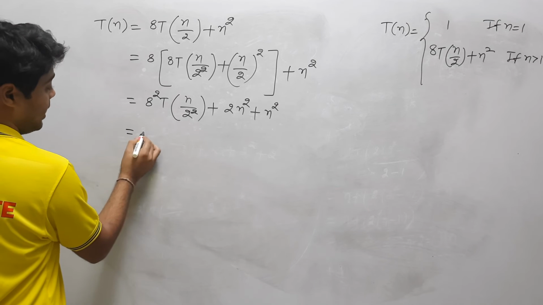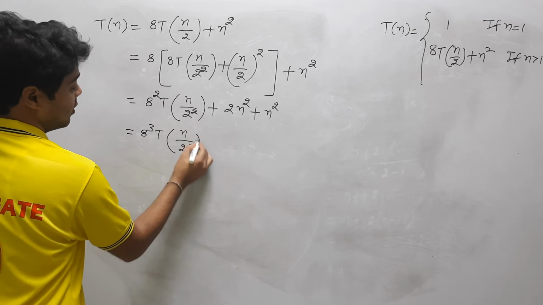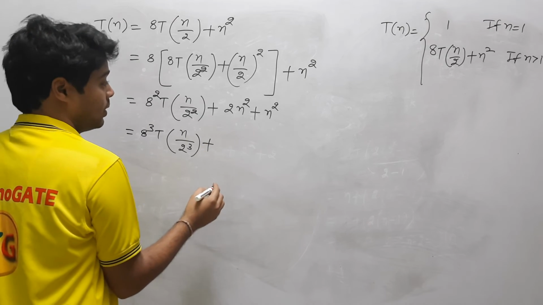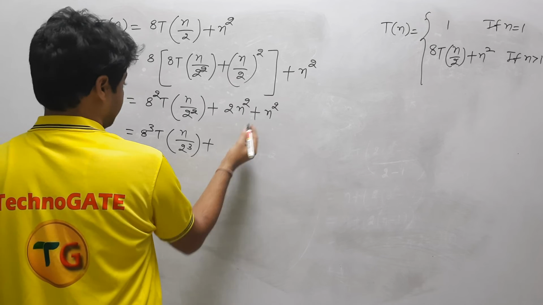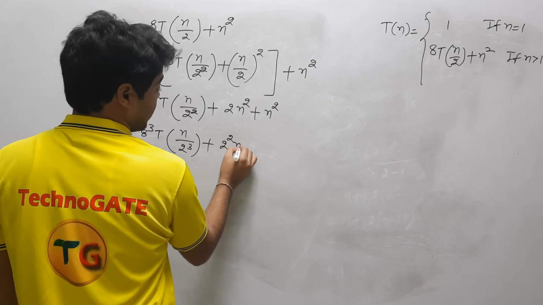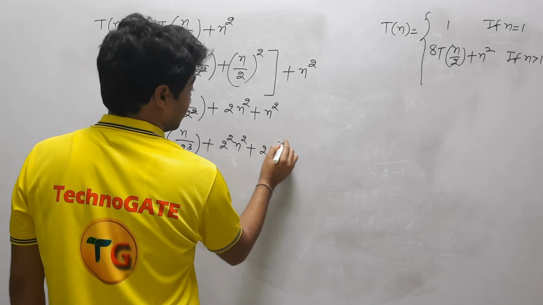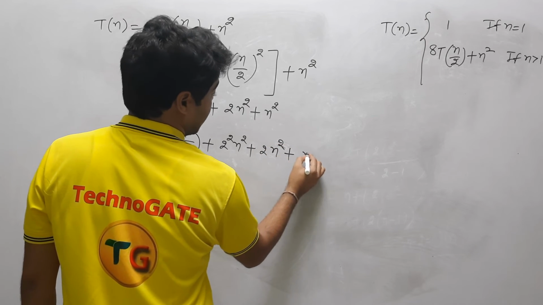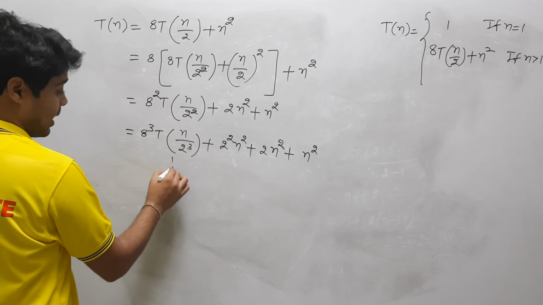Next time it is 8³T(n/2³) plus 2²n² plus 2n² plus n². Okay.